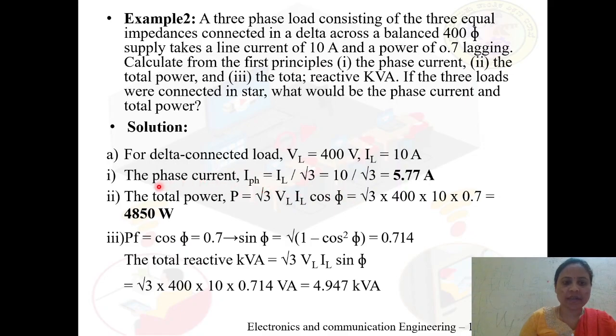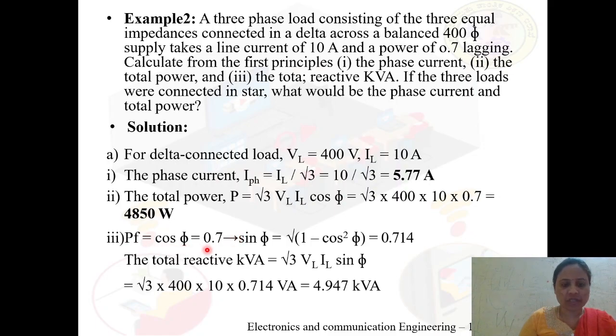They have given VL as 400 and IL as 10 amps. Now we can find the phase current IP as IL by root 3, which is 5.77 amps, and the total power is root 3 VL IL cos phi. Substitute the values of VL and IL. Power factor they have given as 0.7. So substitute that, you will get the power value as 4850 watt.